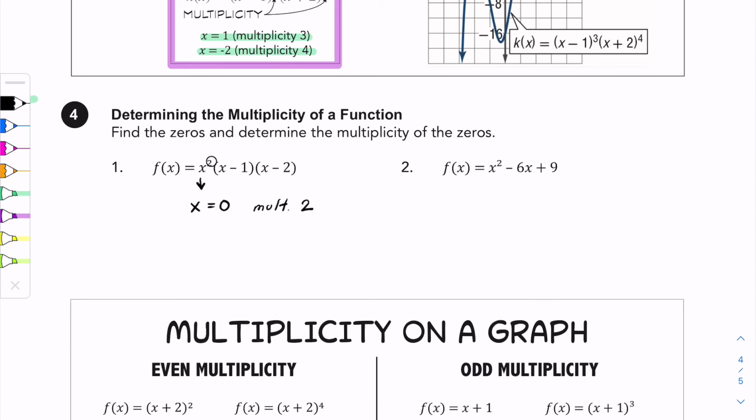This factor, x minus 1, has a 0 at +1. This factor only happens once. The multiplicity is 1. And our last factor has a 0 at positive 2, occurring only once, so the multiplicity is 1.